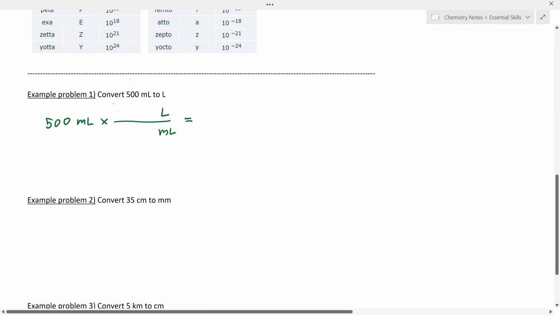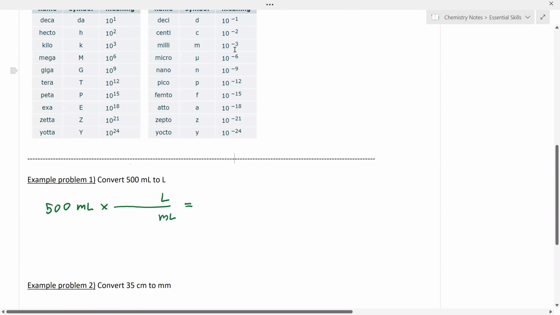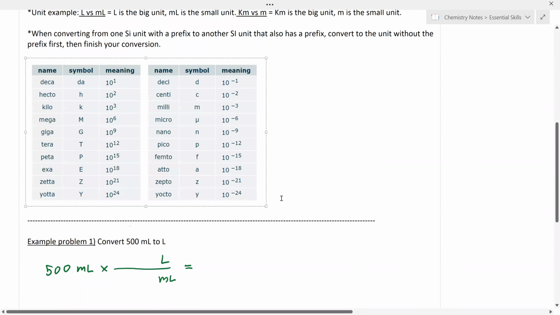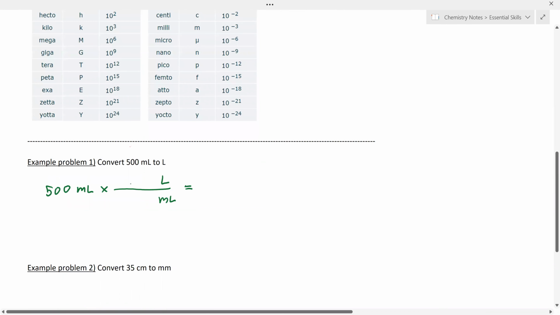So that's where we look at the chart, unless you have it memorized. Going from milliliters, you have 10 to the power of -3. Now remember what we said about the negative: we want negative exponents to go with the big number. In this case, the big unit is liters. So the 10 to the -3 goes with the liters.